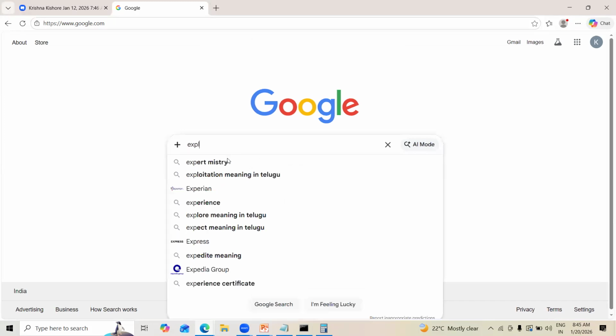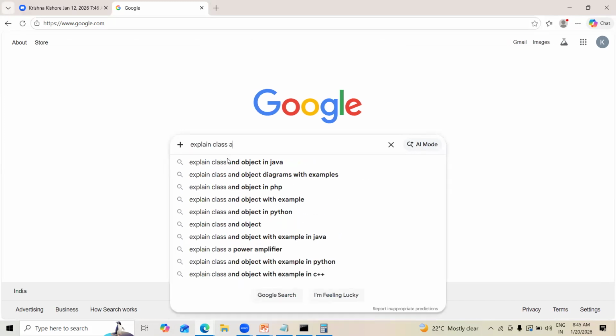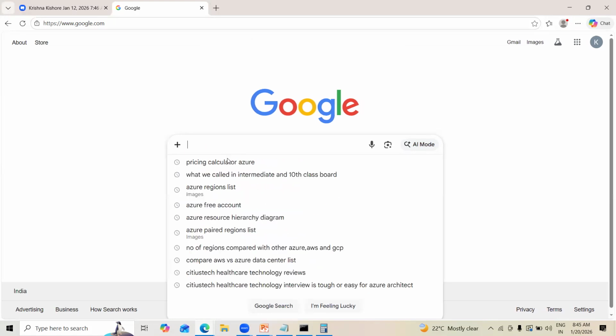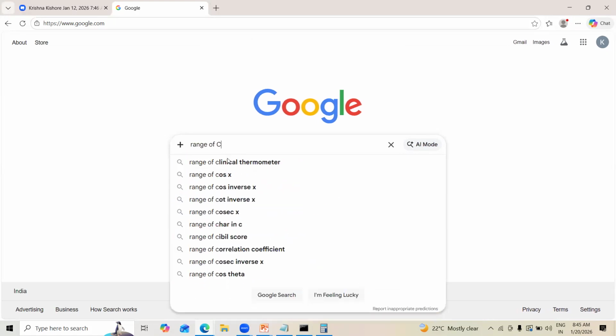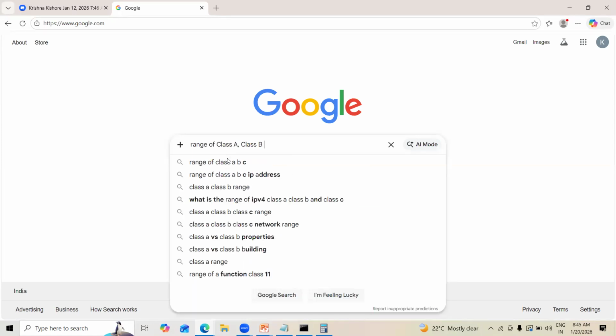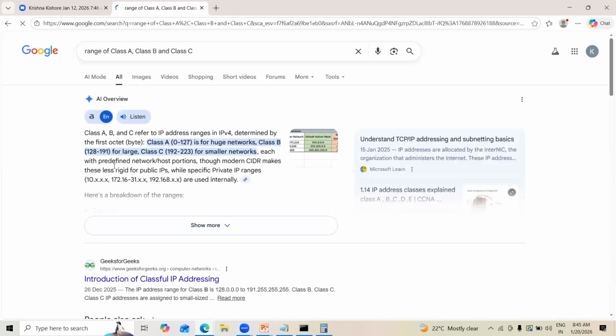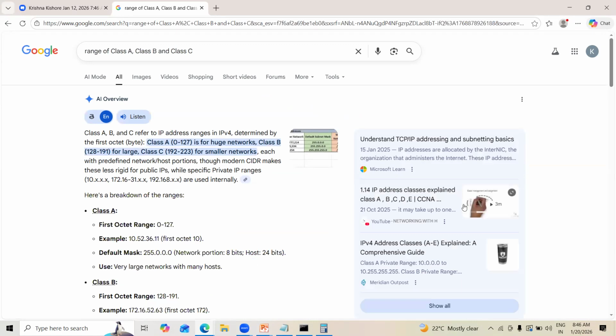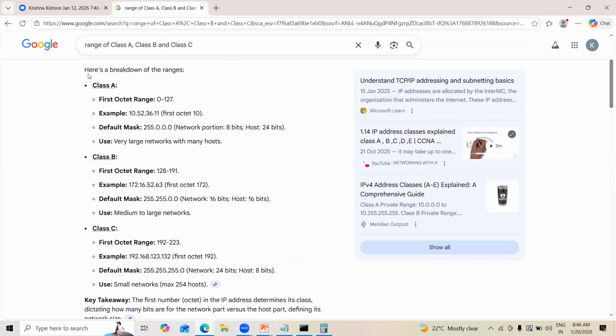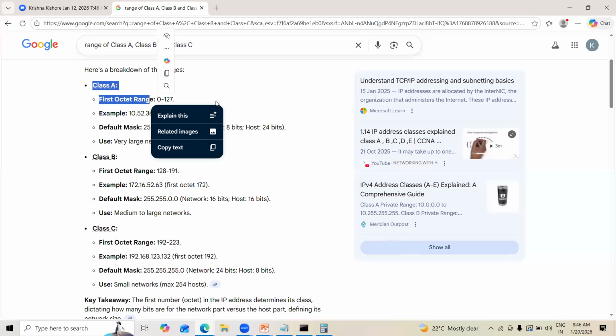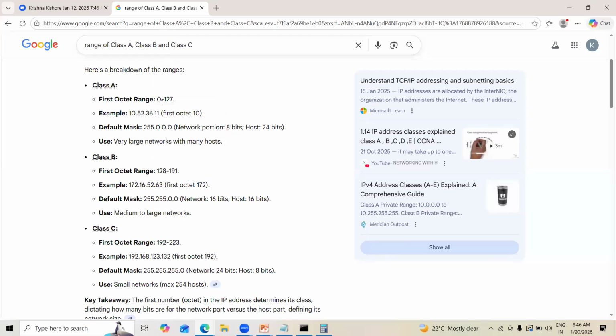Search: explain class A, or the range of class A, class B, class C. You can see this is class A. The first octet range is 0 to 127.